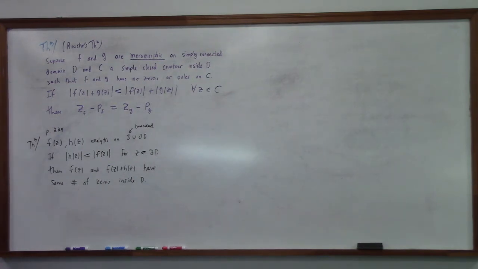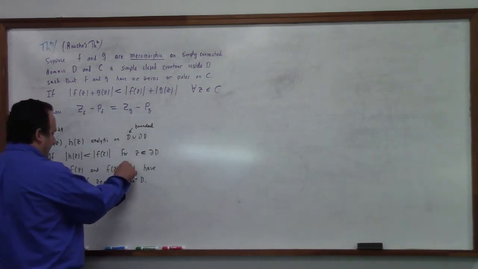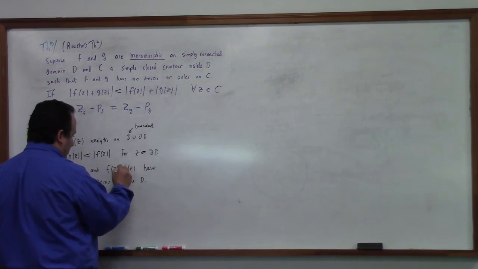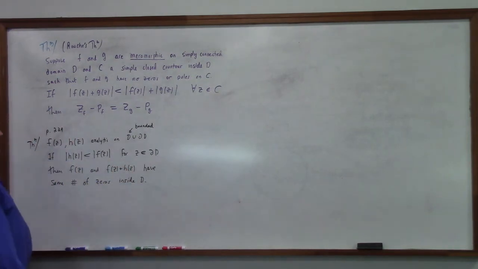I think H of Z is that first one, and F of Z is the other one. Just equate the inequalities.